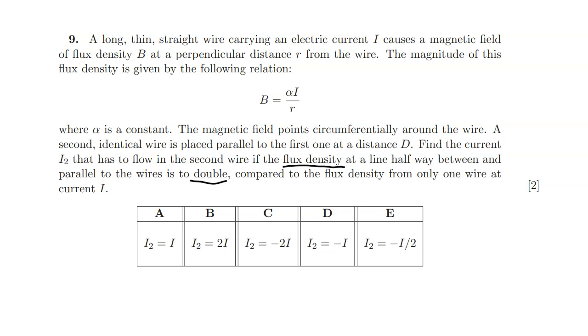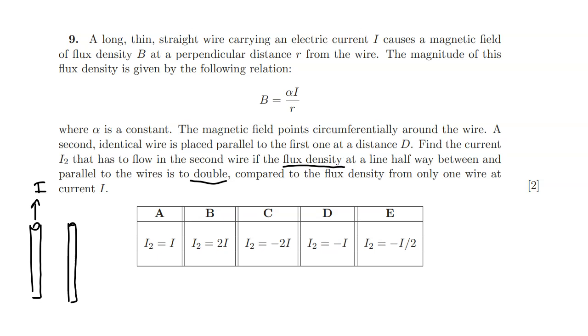Let's just draw a little diagram to see what we've got and what the question's actually asking us. So we've got two current carrying wires, both identical. One of current I, the other of current I2, which is currently in unknown direction.